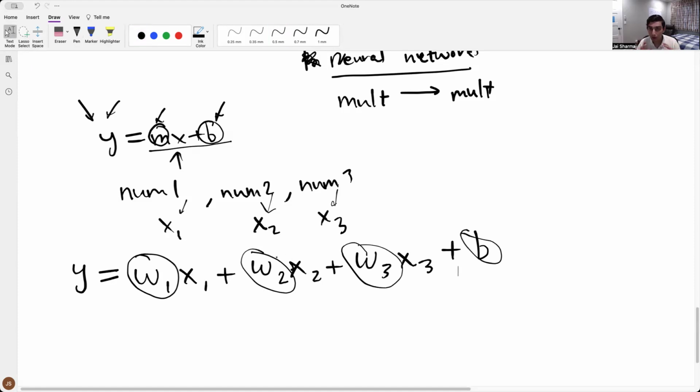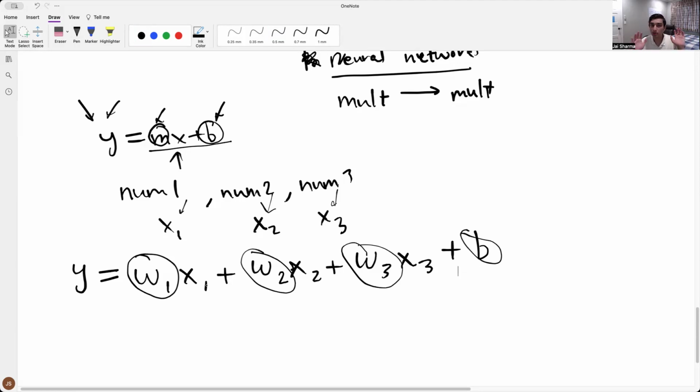What is happening here essentially is that we're taking each of the inputs and multiplying them by their own corresponding number. They don't all have the same number. W1 is not necessarily going to be the same number as W2. But X1 is going to have its own pal, W1, and they're going to be multiplied together.